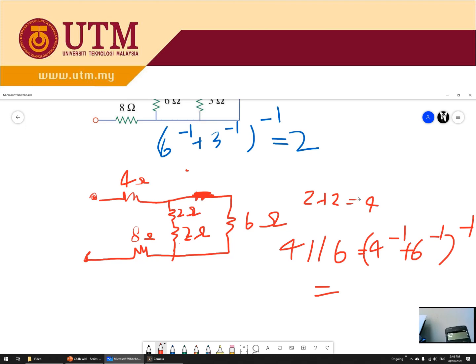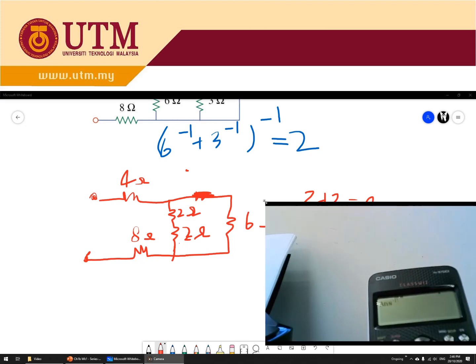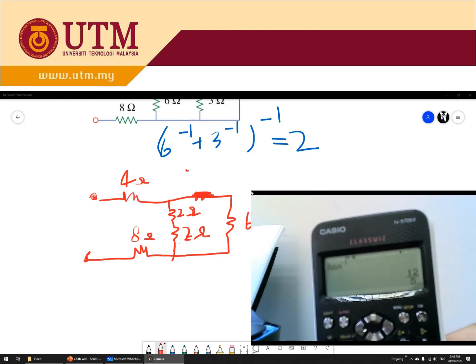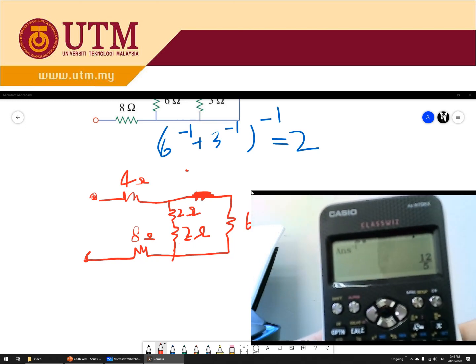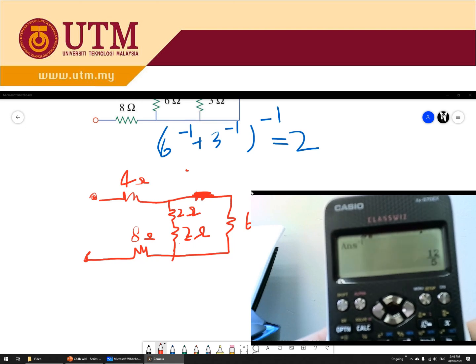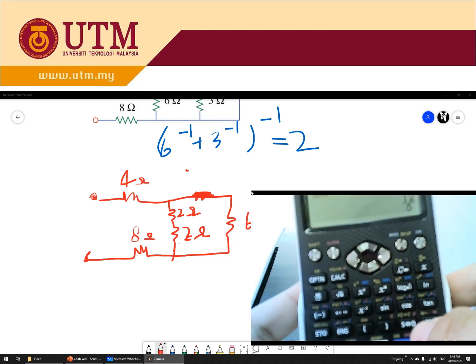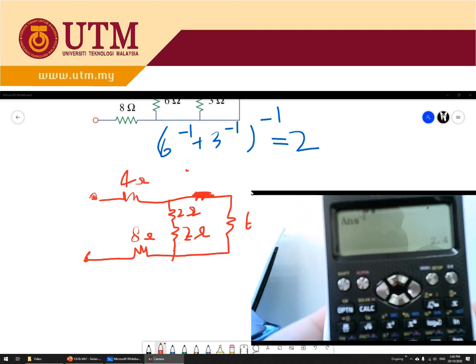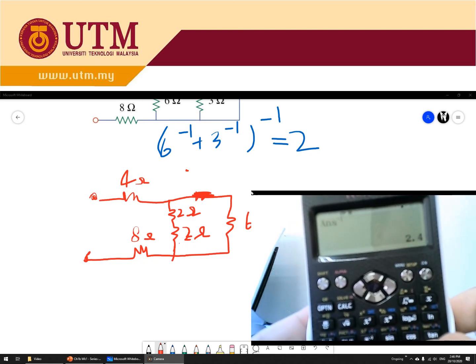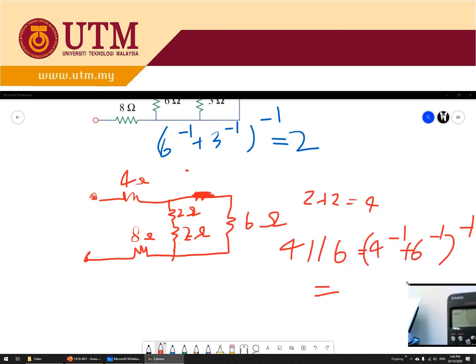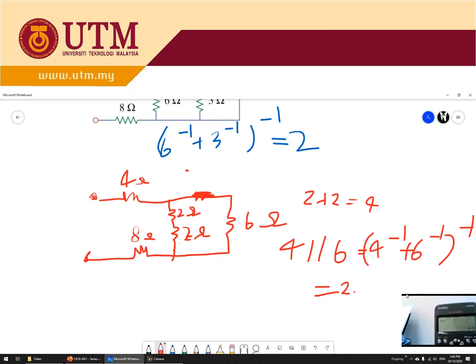Okay, here, 12 over 5. Please don't use fractions. Press the SD button, so make sure it is in decimal. So 2.4.